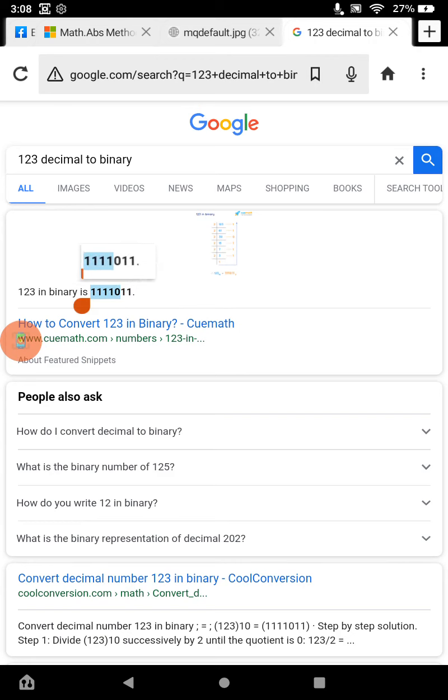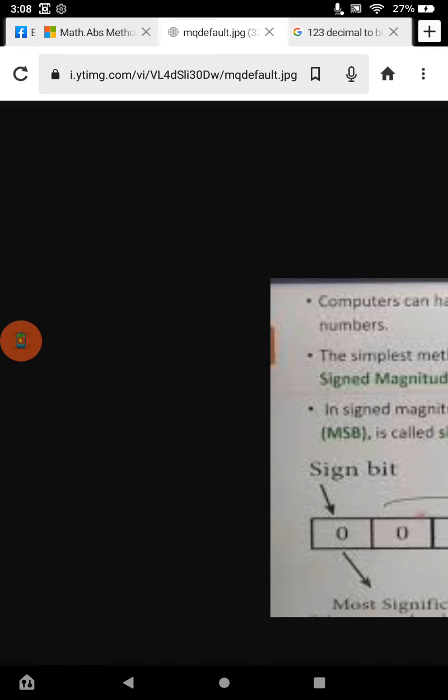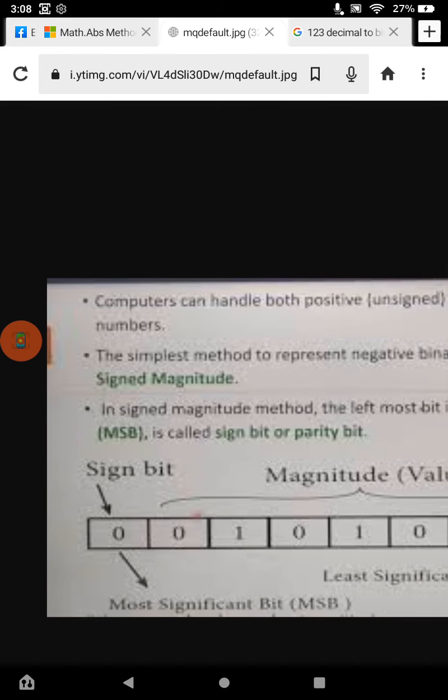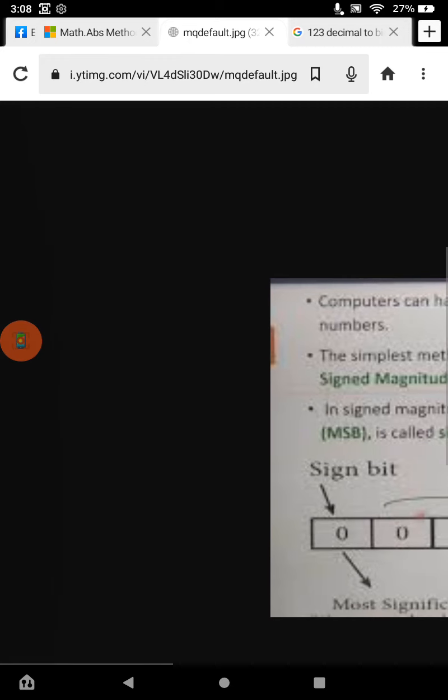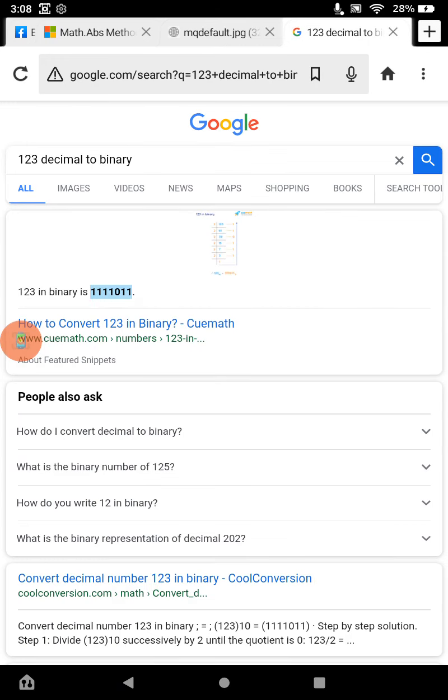1, 2, 3, 4, 5, 6, 7. There are 7 bits there because the 8th bit is a 0, based on counting from right to left. 1, 2, 3, 4, 5, 6, 7, and then the last one, which would be the sign bit, has 0 as the value.